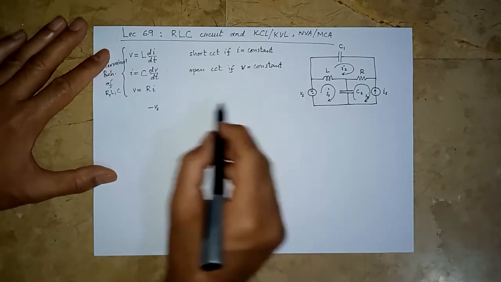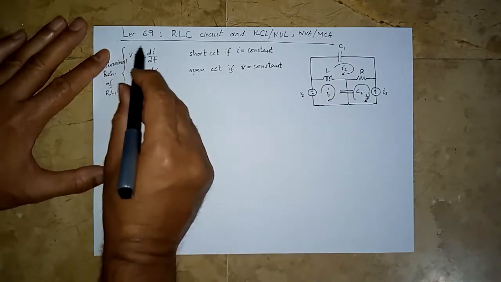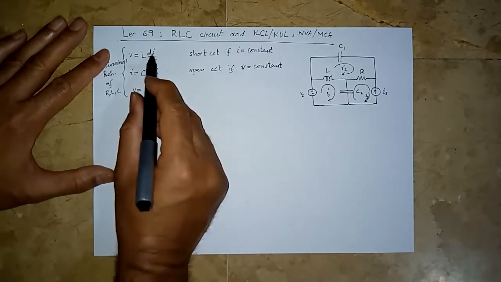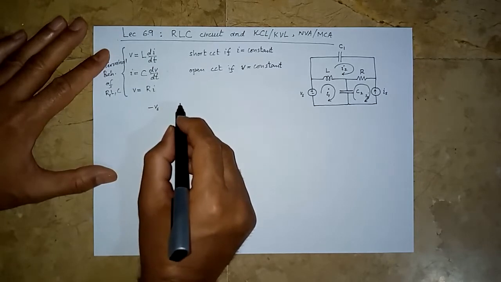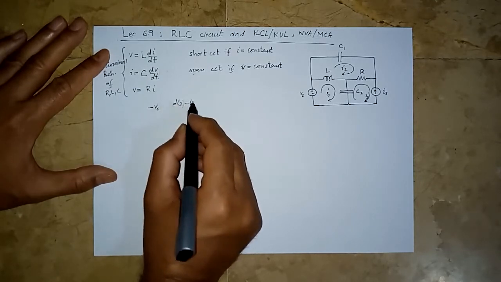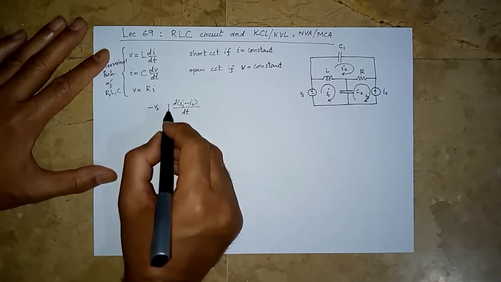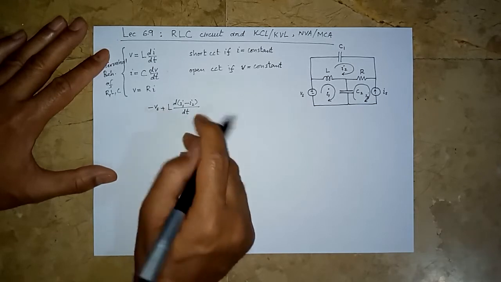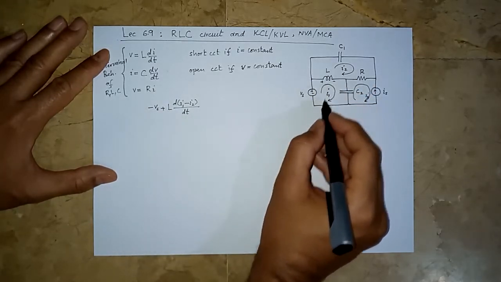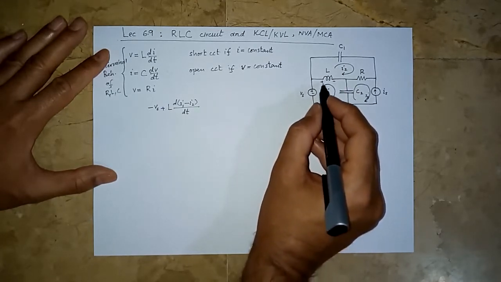So I1 minus I2. But the issue is the voltage across an inductor is defined by this expression. So here the current is not I, it's I1 minus I2. So this is the current through the inductor, and we take its derivative and multiply it by its inductance, and we get the voltage across this inductor. And obviously the polarity is going to be this one, in the direction that we are moving, in the direction of this I1.